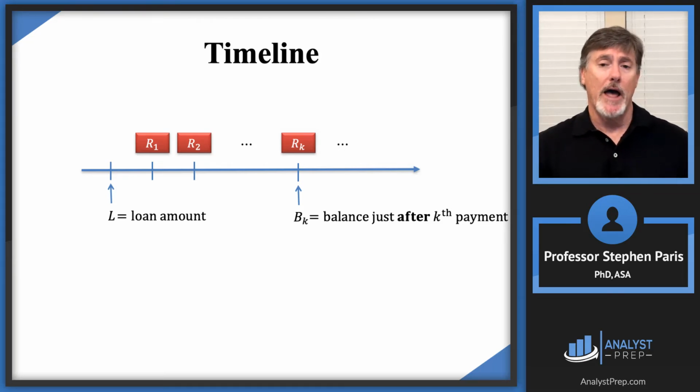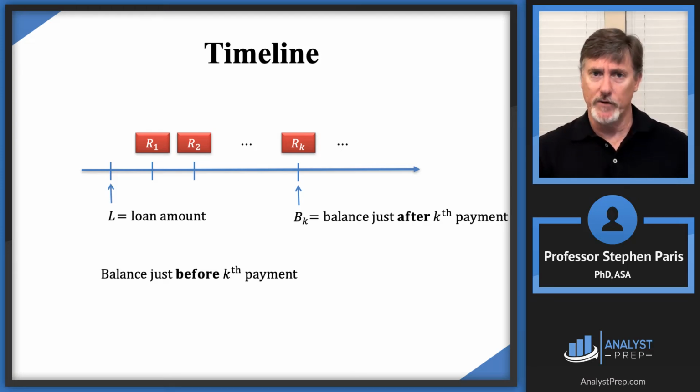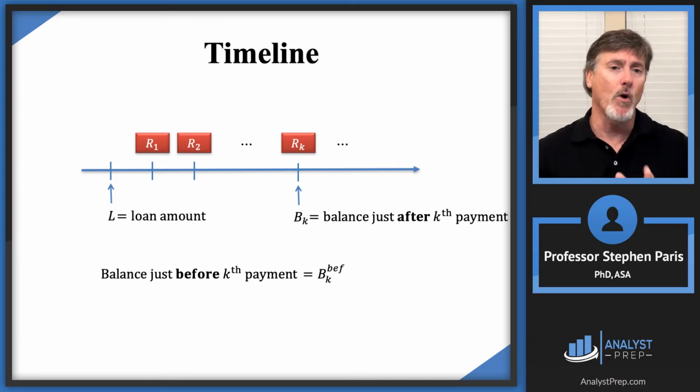Oftentimes we'll be asked, what is the balance just before the payment? If we're looking for the balance just before the payment, I'll use cap B sub K again because it is a time K value, but I'll put in a superscript BF to represent we're looking at just before that kth payment. Now look, this is not hard to relate these symbols.